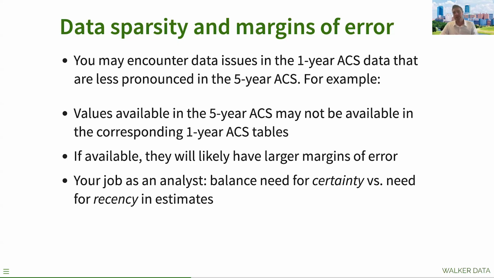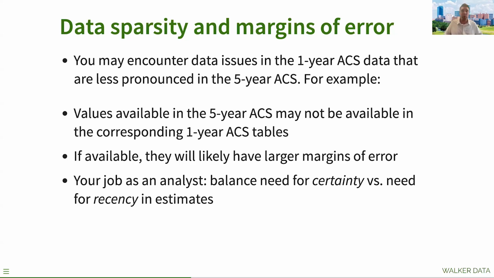But if they're more interested in statistical reliability, so they say, well, I really want to have confidence in this estimate. I want to make sure the margins of error are low. I want spatially granular analysis. Then you need to go to the 5 year ACS because you can't get spatially granular data from the 1 year ACS. And yes, there is going to be a temporal lag. So the 2019 to 2023 5 year ACS is the most recent that we have.